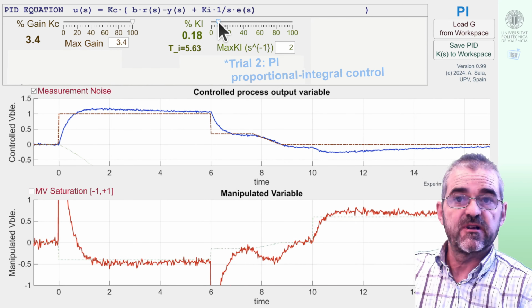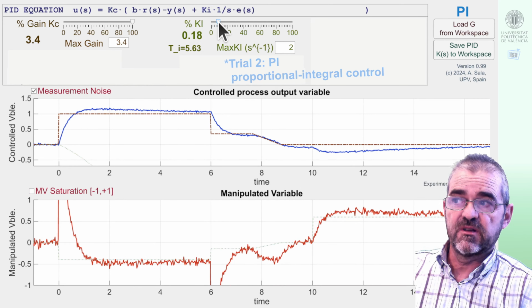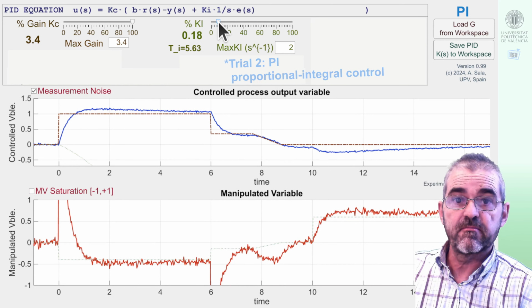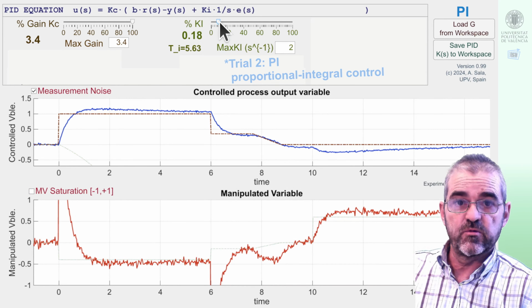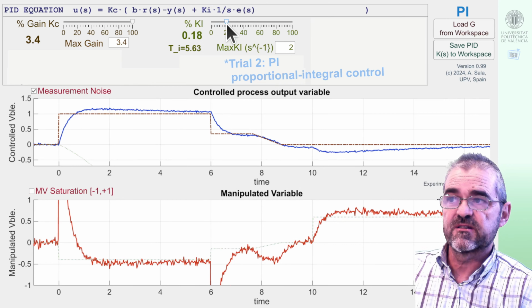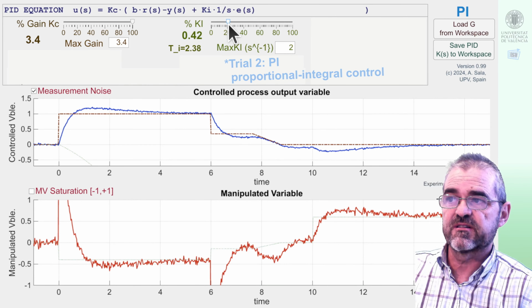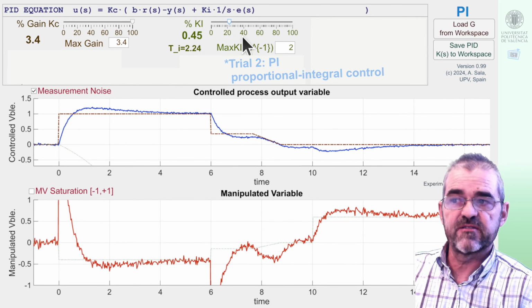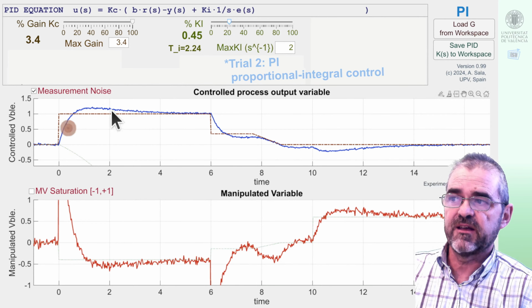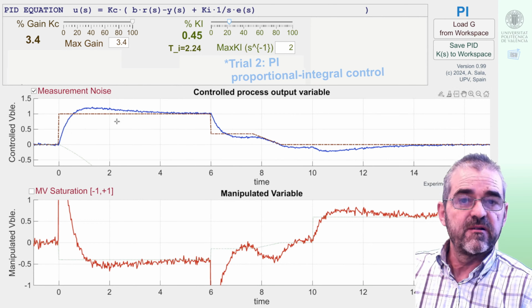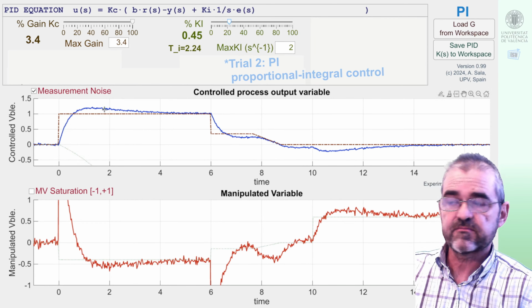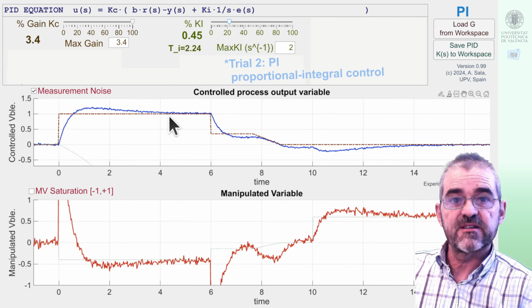As you see, integral action slowly moves my control variable to the desired value, maybe too slowly with this integral action. So with, let's say, 0.45 integral action, I get this correction. The rise time is 1.5 seconds, but in 4 seconds I am at the right value.